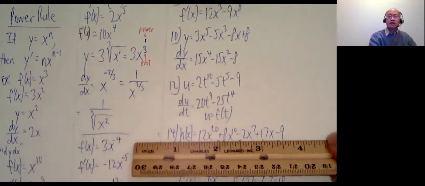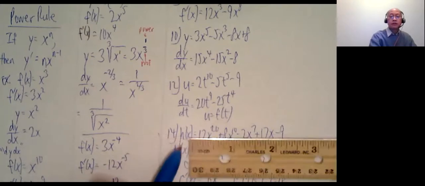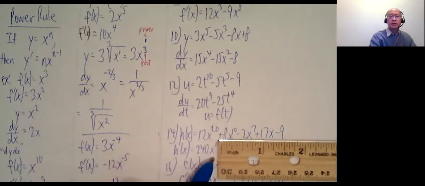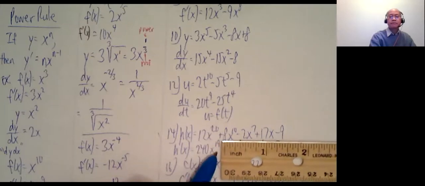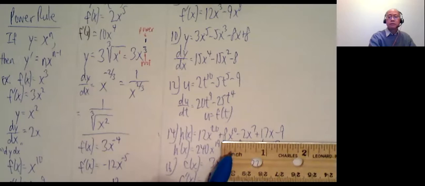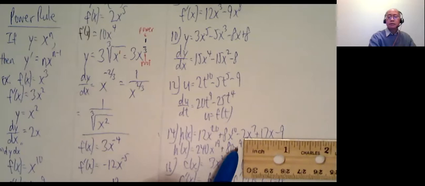Okay, 12x to the 20th. So 20 times 12, 240x to the 19th, plus 8x to the 10th. Think to yourself what the answer might be. 80x to the 9th.